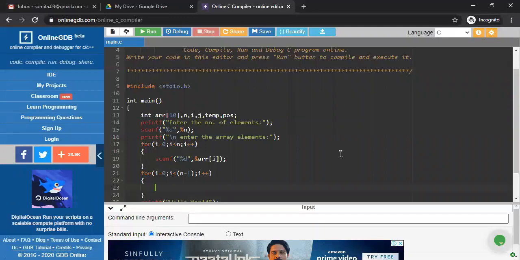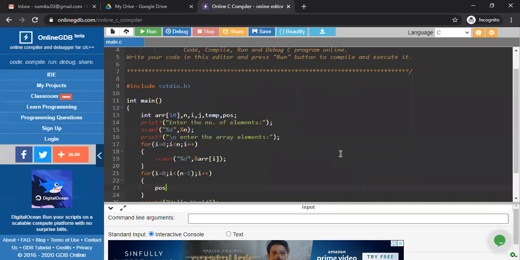Now, first we assume that we have 44. Remember the example. In the lower index, we take the lower index value. Why? Because we have to compare this one with the smallest one. So first of all, we take this value, the ARR 0 position value.